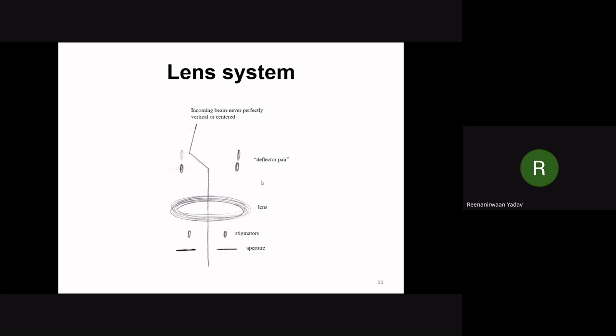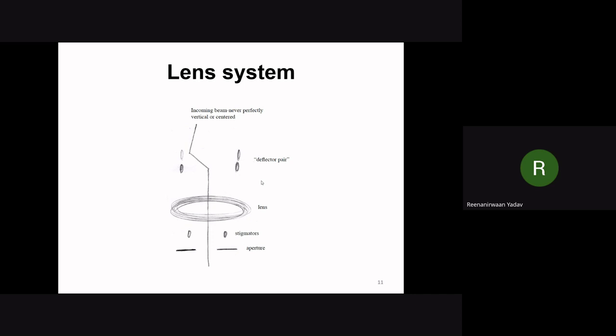When we observe our image at much higher magnification, a little bit of difference can have a big effect. So instead of aligning all the electromagnetic lenses perfectly, we introduce a deflector pair. These are nothing but electromagnetic coils which deflect our beam and direct it towards the center of our electromagnetic lenses.